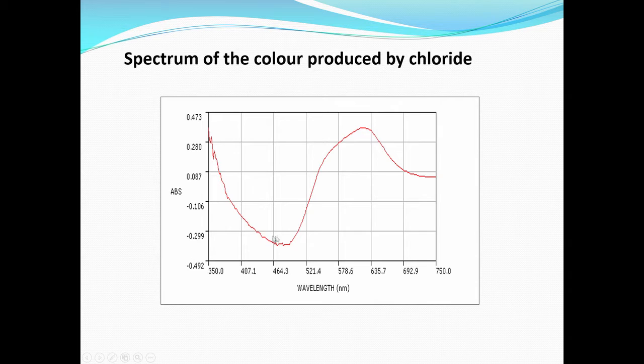there is only one peak here. There is one trough that is around 460. You can see that absorbance between 460 and 510, maybe this is 460 and this is 520, this is half of it, approximately 490.